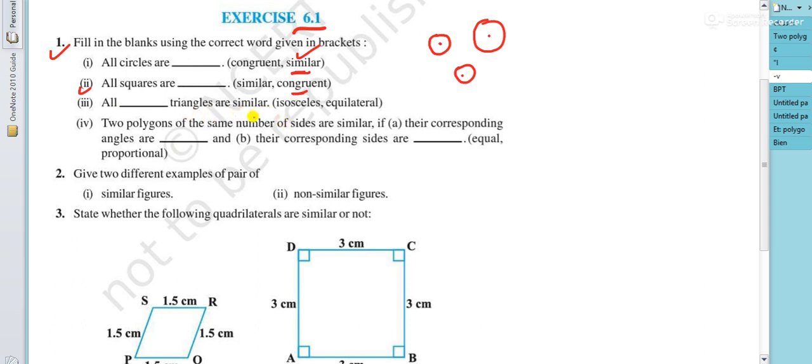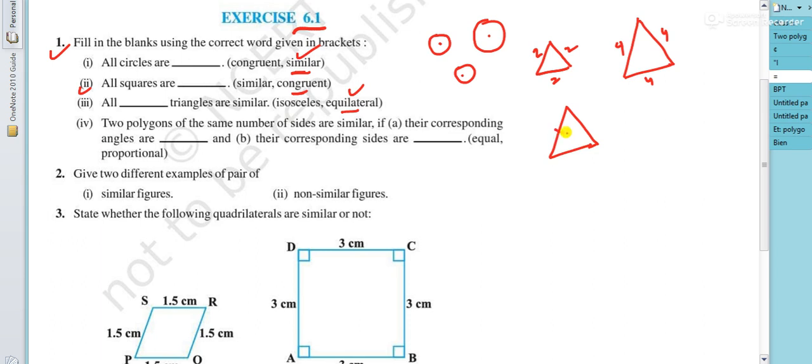So when all the sides of a triangle are equal, only then can we say they are similar. This is 2, 2, 2. Again, if this is 4, 4, 4, only then can we say they are similar: same shape but different size. It cannot be for isosceles, because if I take an isosceles triangle, only two sides are equal.